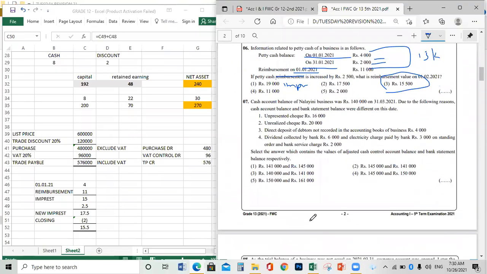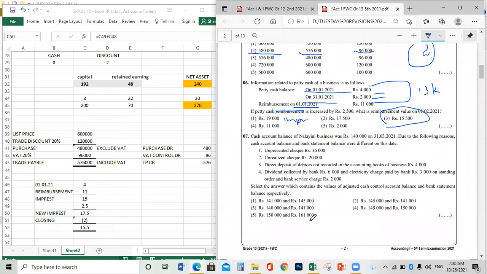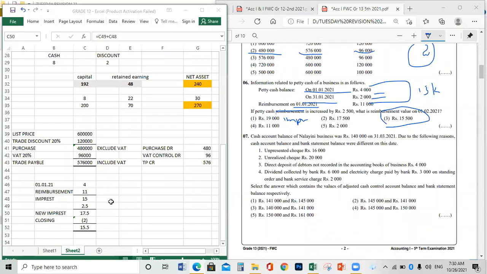Okay, seventh one. Now they are asking, select the answer which contains the value of adjusted cash control balance and bank statement balance respectively. So it's not difficult here. They are just asking you to draw the adjusted cash control and the bank reconciliation, and you will get the answer. Okay, so let's quickly do that.